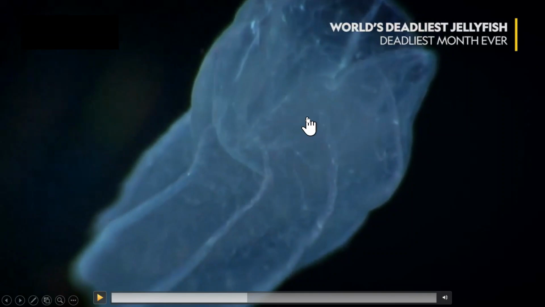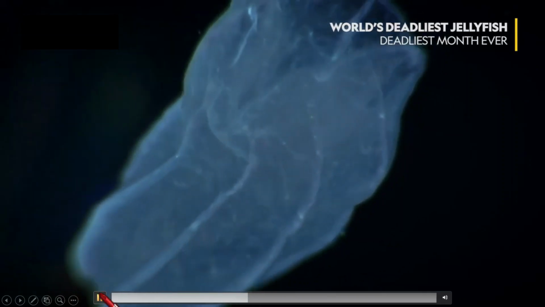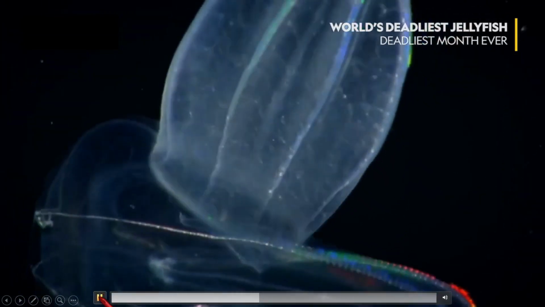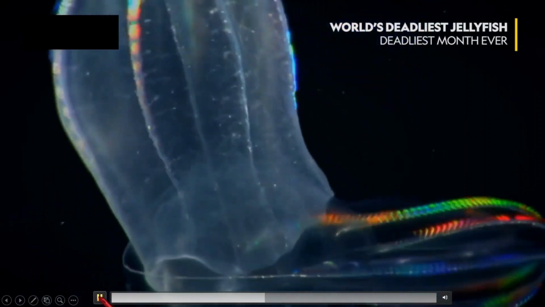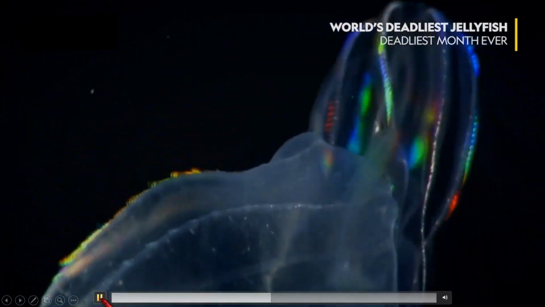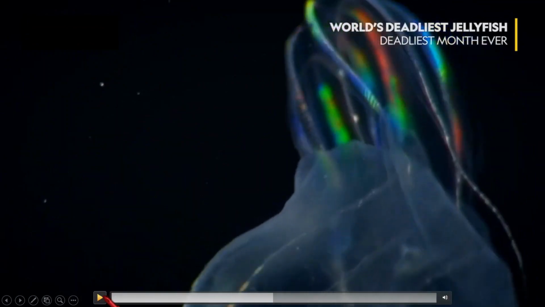Instead, they have a nerve net type of nervous system that is spread throughout the body, that detects chemical traces in the water. When it bumps into something edible, it simply opens itself wide. It's feeding.